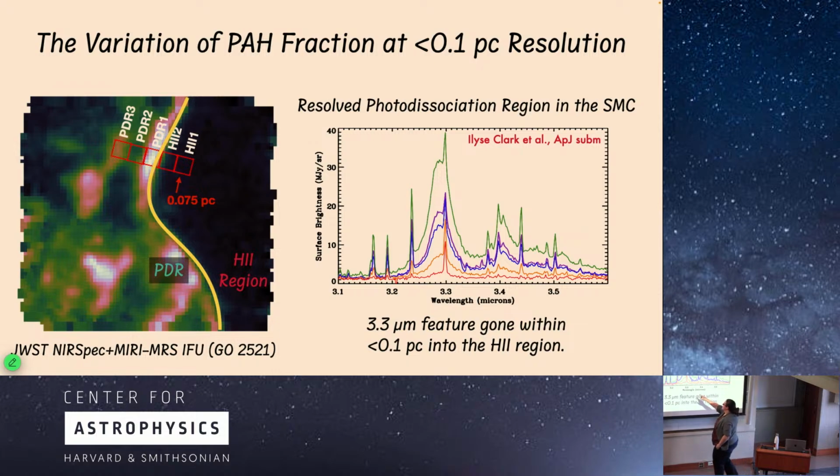And I agree that if you squint, you can still see something here. This is most likely because none of these lines of sight are ever cleanly one thing or the other. We're always looking through the ISM on the front and the back of this thing. In this particular case, more than most, I think it's cleaner.